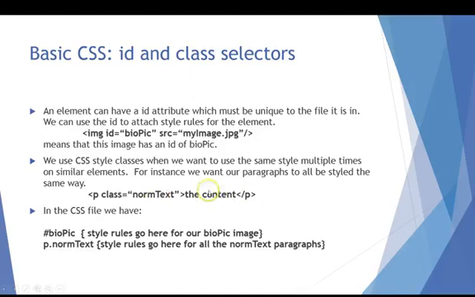Whatever the content of the paragraph is, and then the closing paragraph. And then in my style sheet, I have p.normText. This is a rule that applies to a paragraph when it is of the normText class. And then again, the style rules, one or many, can all go here in the curly braces.